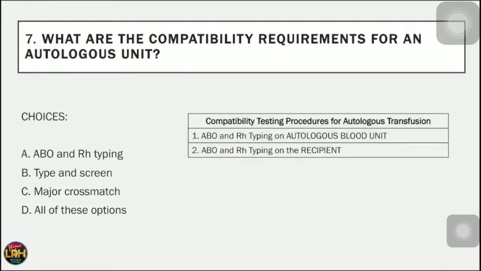For the autologous blood unit, ABO and RH typing must be performed. The same goes for the recipient. We have to remember that antibody screening and major cross-match are not required for autologous transfusion or donation, although sometimes an immediate spin has to be performed.